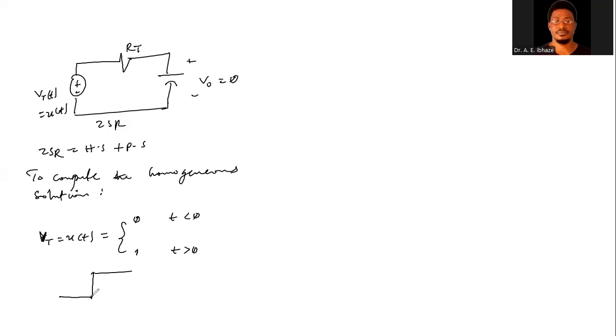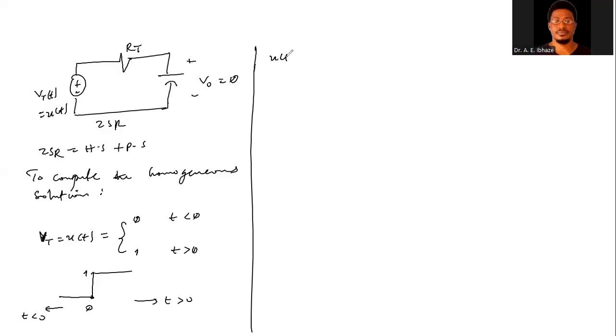Okay, this is a step. So at this point, this is t greater than 0, and at this point, this is t less than 0. So it is 0 at t less than 0 from this point this way, and then at some time t greater than 0, it is equal to 1, right? So it means that the input function is divided into two parts.